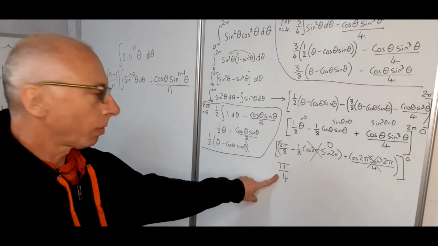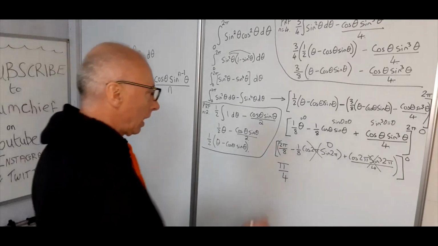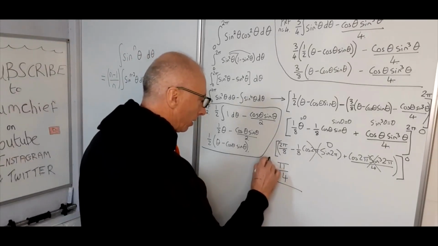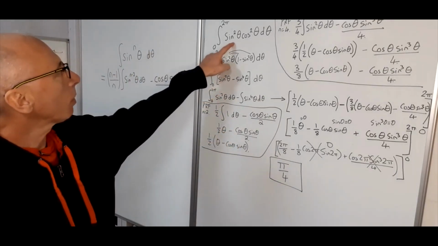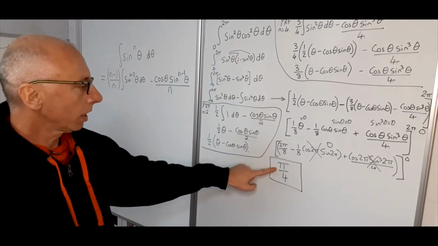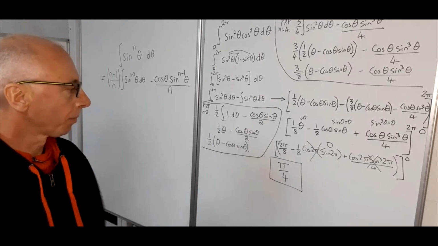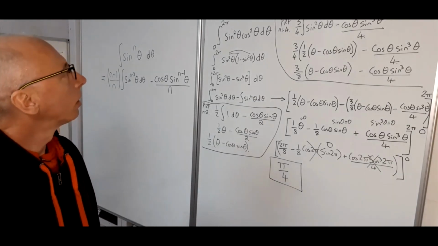So that just leaves us with pi over 4, and that is the answer to our integral. Pi over 4, sine squared theta cosine squared theta equals pi over 4. Okay.